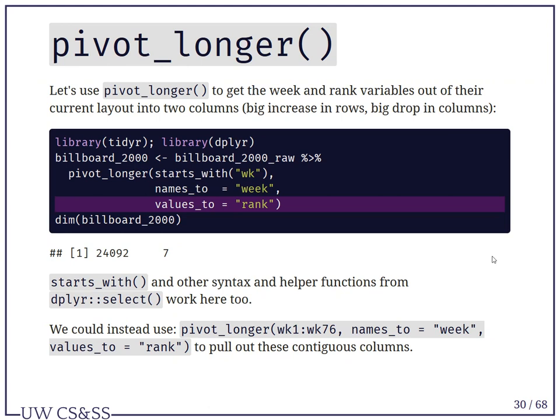We could have also used select. So we could instead use pivot longer week 1 through week 76, names to week, values to rank to pull out these contiguous columns. So this will work the same way as when you're using select to grab contiguous columns.